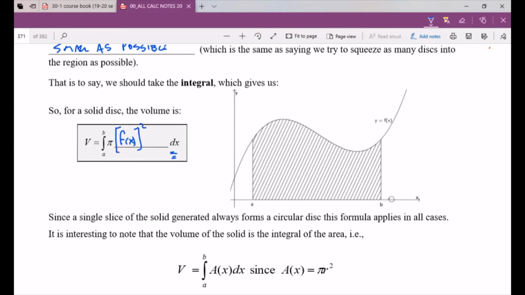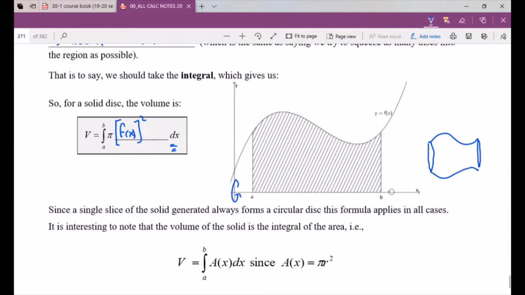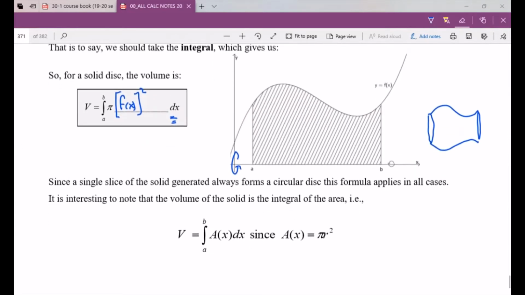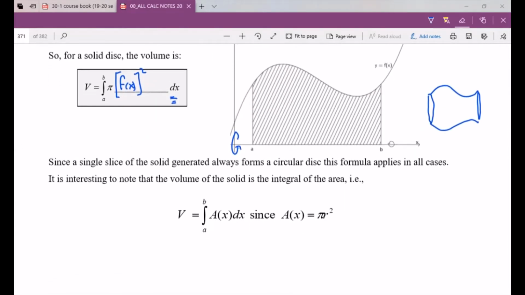If we end up with a curve that looks like this, what we will end up with is this vase or bottle-shaped solid that we're trying to find the volume of. How do we find that? By spinning the area under that curve around the x-axis and adding up infinitely many areas. Any solid like this is generated by forming a circular disk in this way. This formula will apply in all of our cases.